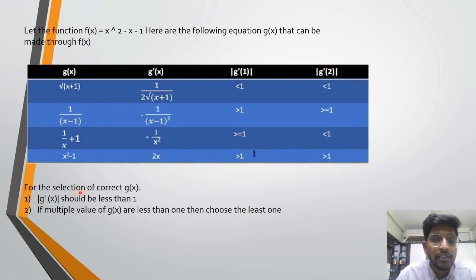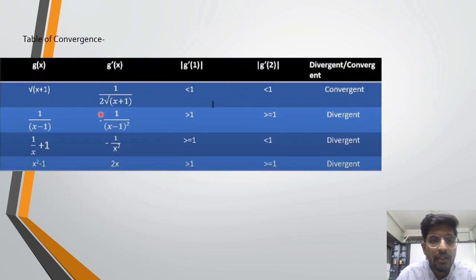Now for the selection of the correct g(x), mod of g dash x should be less than 1. If multiple values of g dash x are less than 1, then we choose the least one. In the table we can see that only the first one, that is root x plus 1, gives a value less than 1 in both cases. So it's the correct one.